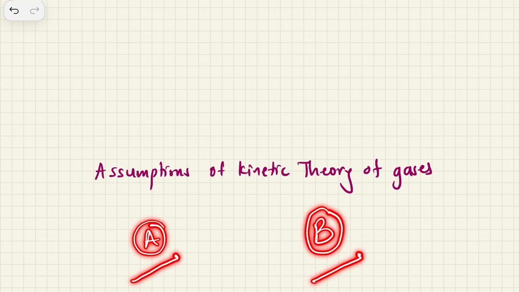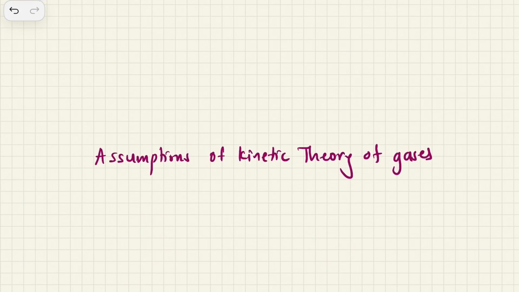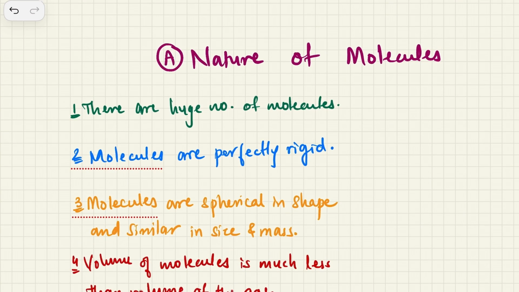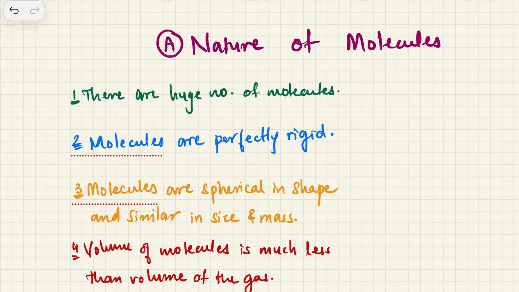So if we are assuming the following assumptions, only then we can apply kinetic theory of gases. So let's see part A, that is the nature of molecules. You can see there are four basic assumptions of kinetic theory.